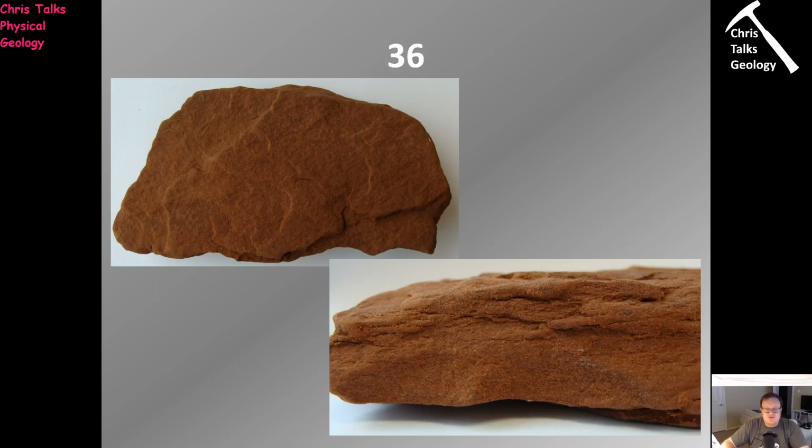Now, if I was to take this particular sample and I was to actually chew a little piece of it, yes, geologists do actually do that. I mean, we're talking a very, very small piece. If I was to chew it in my mouth, I would create a very, very fine paste. And if I was to rub that paste against the roof of my mouth, it would feel ever so slightly gritty. Okay, now that's going to be important when it comes to classifying this sample using the flowchart.